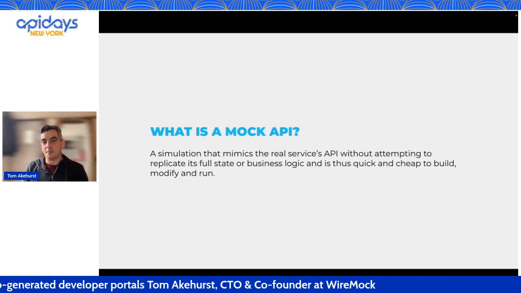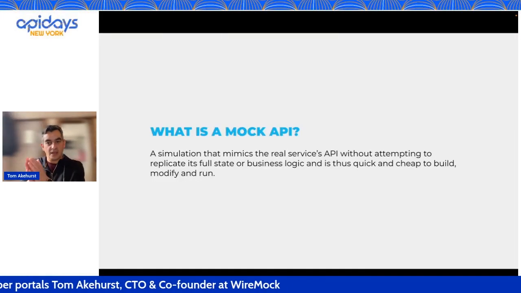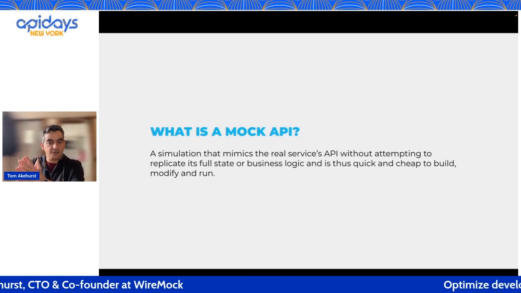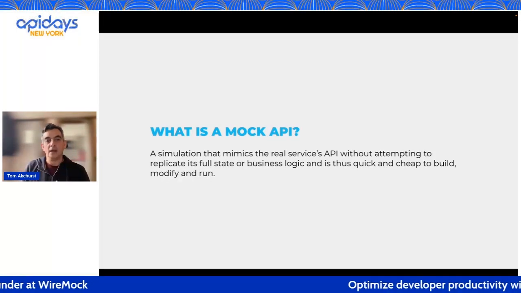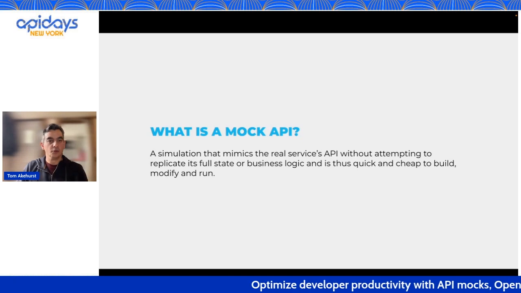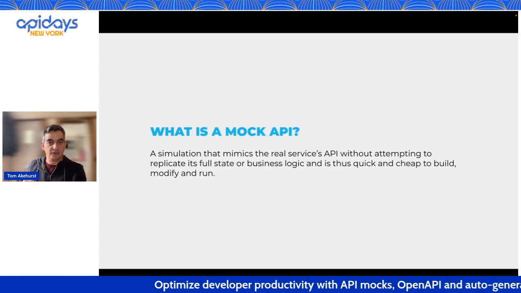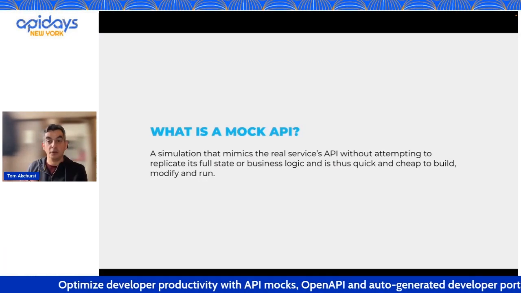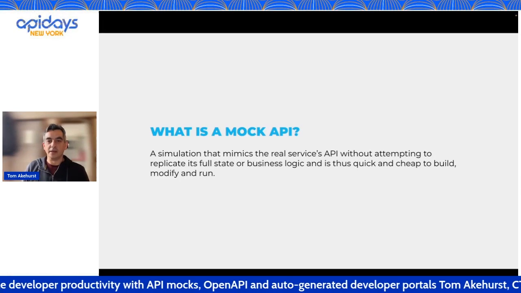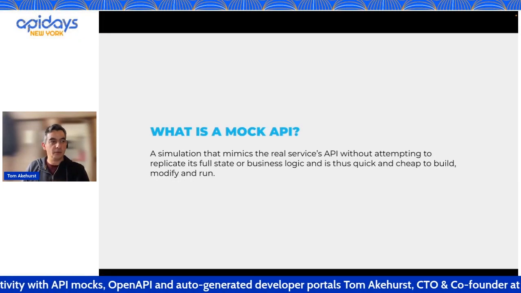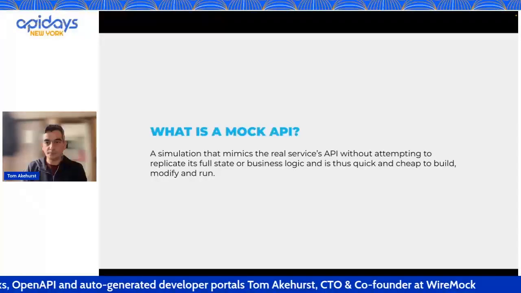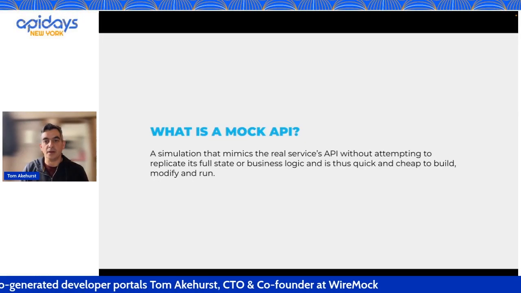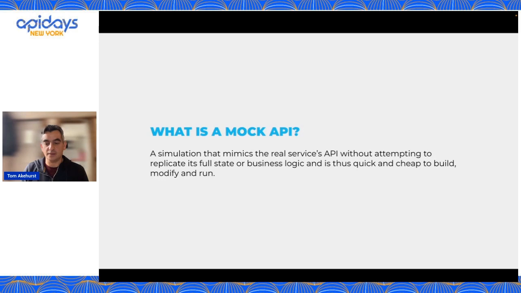Essentially, all it is really is about simulating the behavior of the API, so the visible behavior of the interface, but without implementing all of the state and behavior and everything else that would go behind the real thing, and therefore making it quick and easy to build these things, to change and run them, all that kind of thing. And as we'll see, by having this capability, there's a load of benefits in terms of your process for producing APIs.